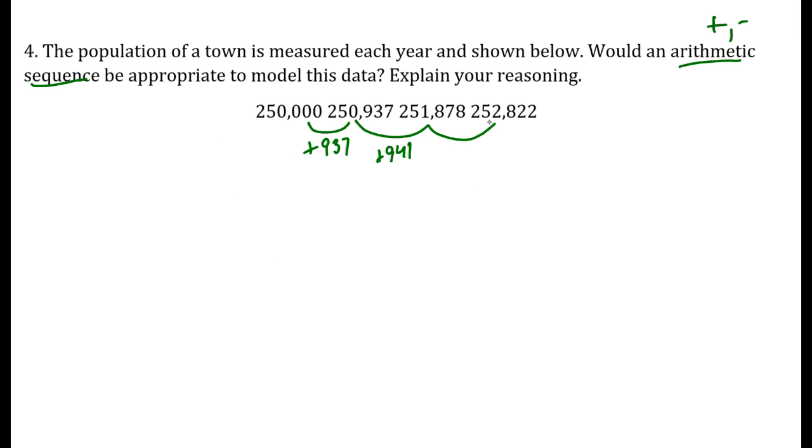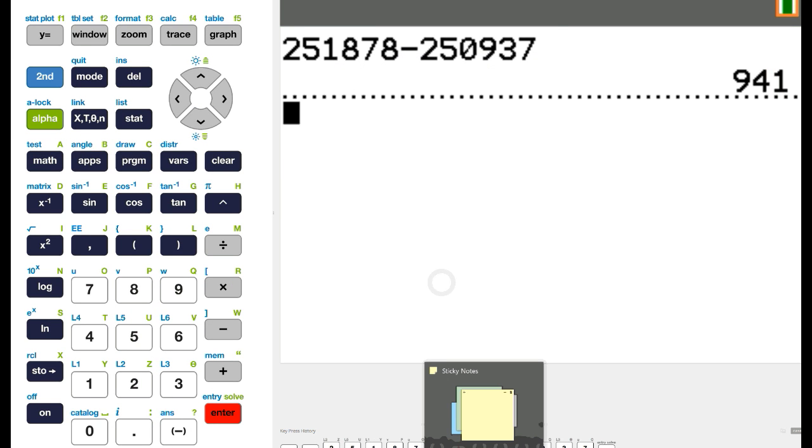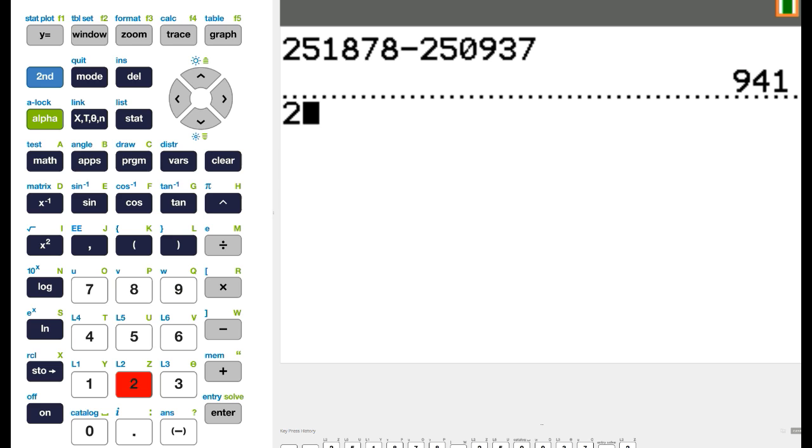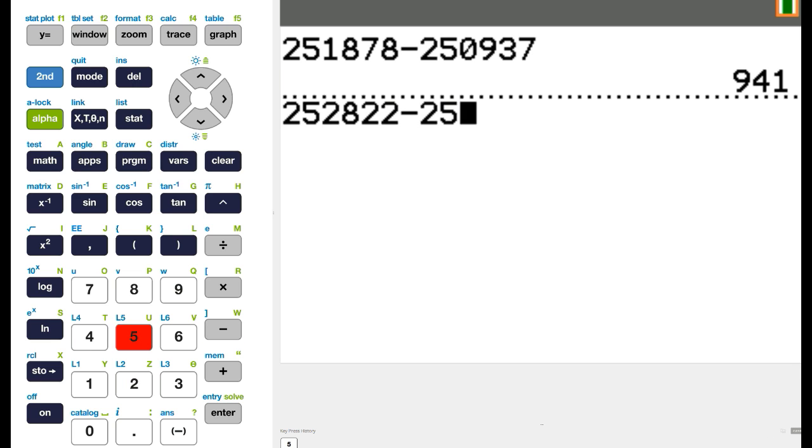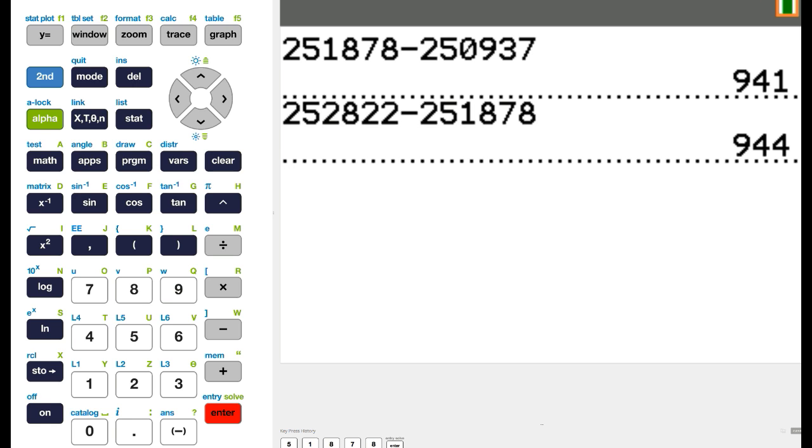So it doesn't look arithmetic, but let's check the last jump. 252,822 minus the term before it, 251,878. That was a change of 944.